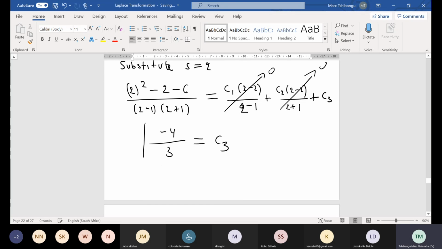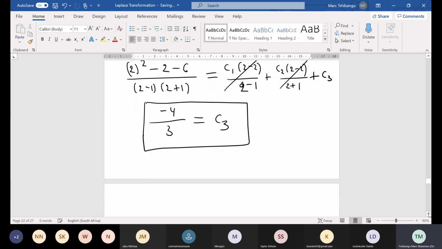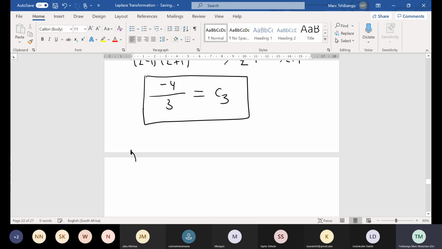So y of t after substitution will be equal to, the first C1 is 3, times e to the power of t, minus 2 over 3 e to the power of negative t, and negative 4 over 3 e to the power of 2t.